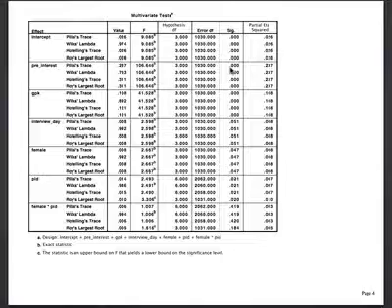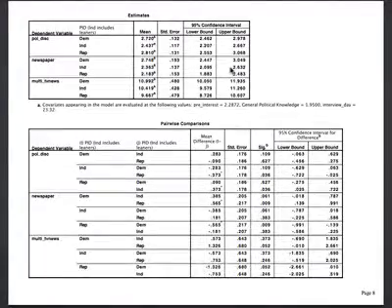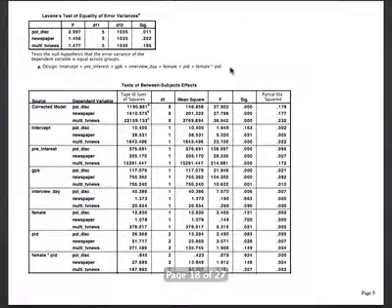Then the next step would be just like we did with the main effects. We would drill down to this table, which I made look like it was 50 clicks away, but it was really just 2 clicks away.